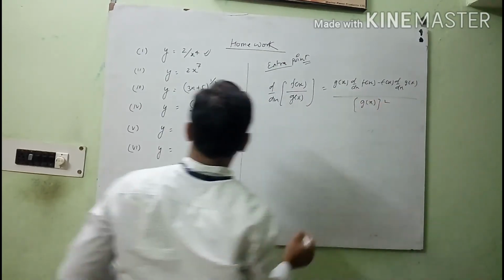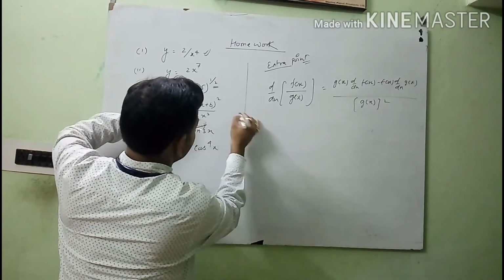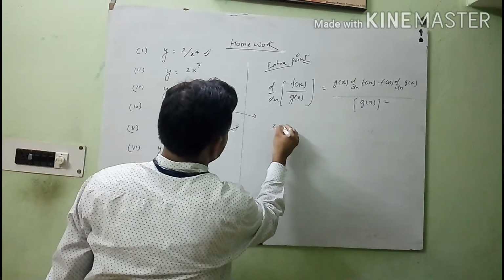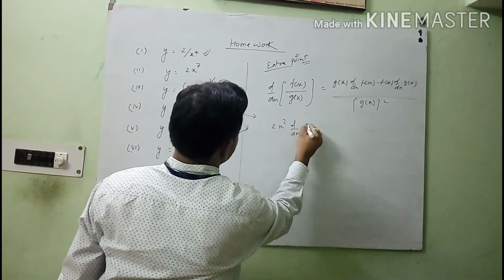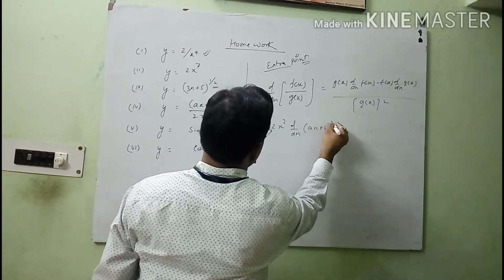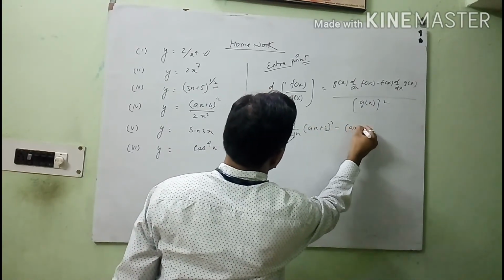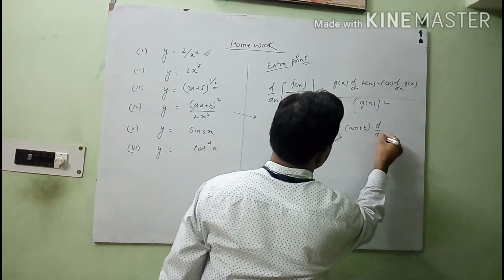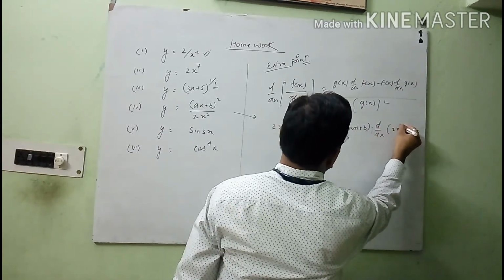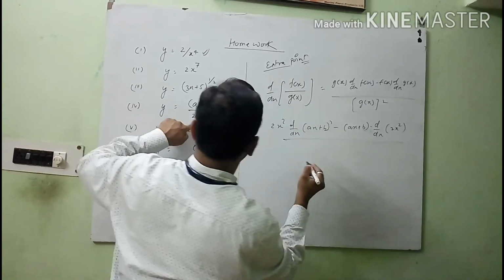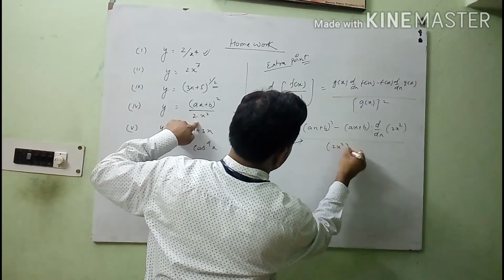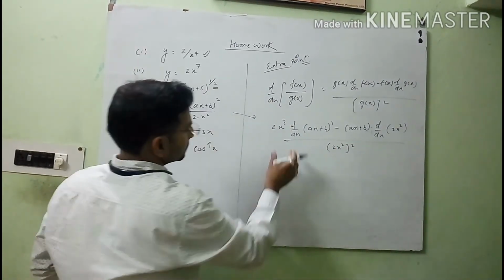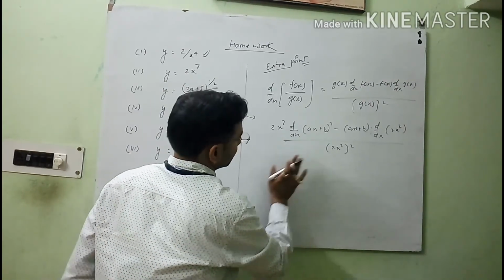So you will write 2x square, the denominator function, d upon dx of (ax plus b) whole square, the numerator function, minus the numerator function (ax plus b) into d upon dx of 2x square, over, at last, (2x square) whole square. So you will solve this question this way.